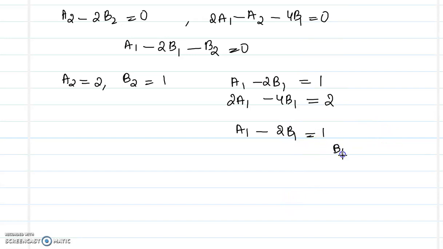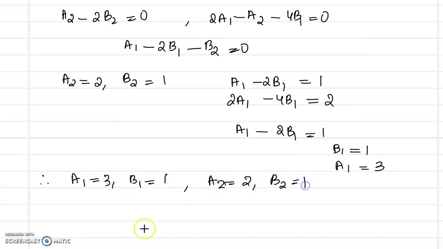So let me take b1 equal to 1. If I take b1 equal to 1, I will get a1 equal to 3. So therefore a1 equal to 3, b1 equal to 1, a2 equal to 2, b2 equal to 1.